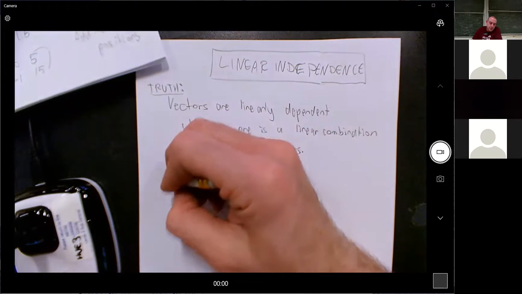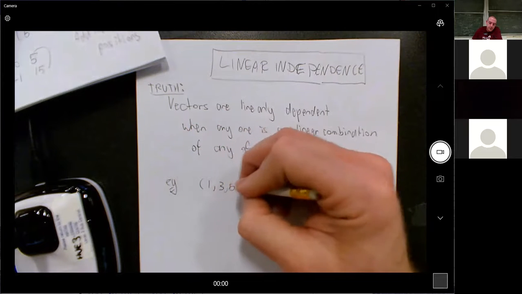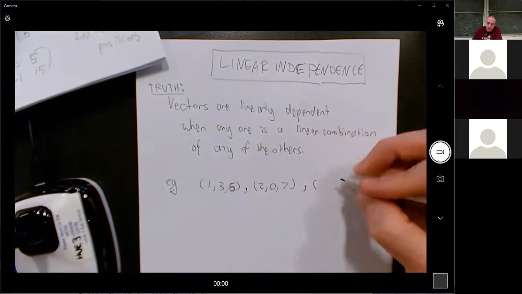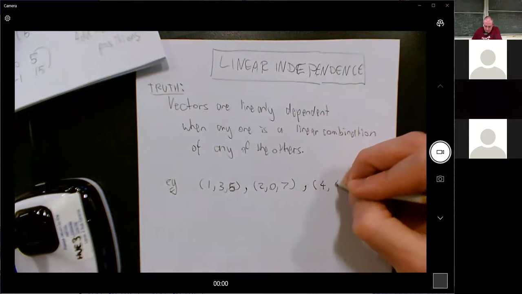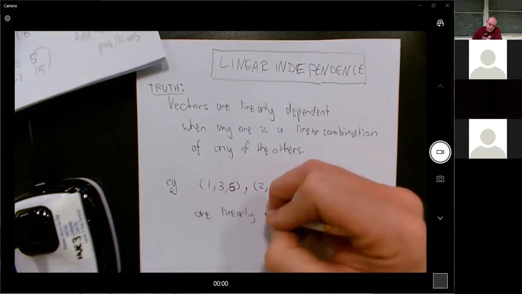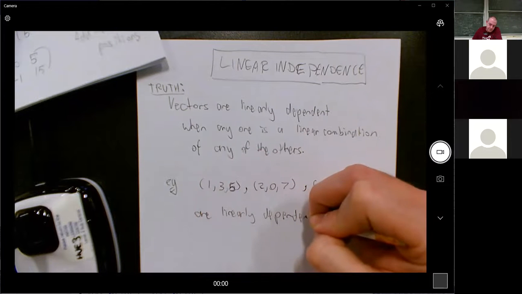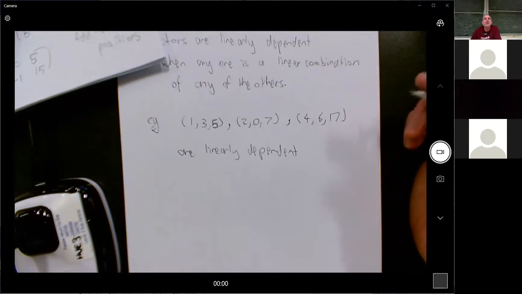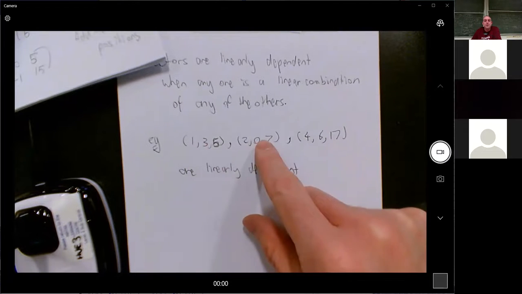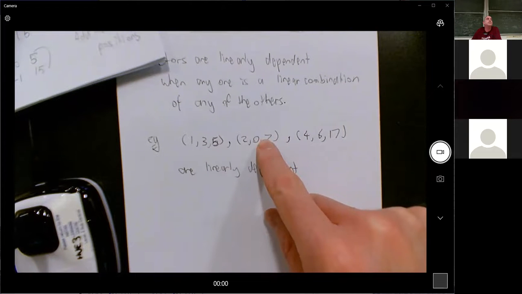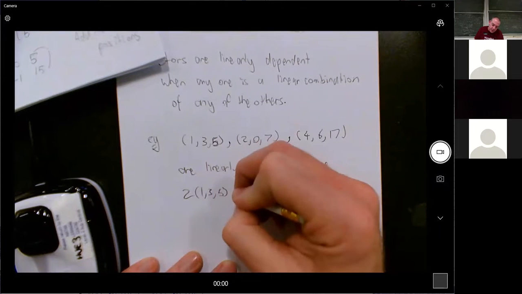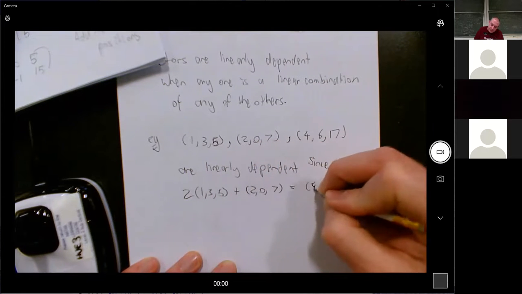So I know, for example, that these three vectors are linearly dependent because this one is two of that one plus that one. Since 2 of 1, 3, 5 plus 2, 0, 7 is 4, 6, 17.